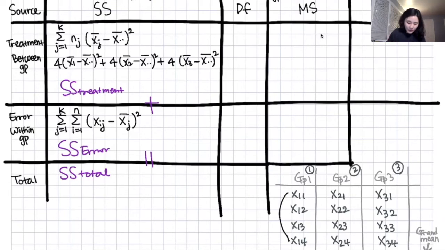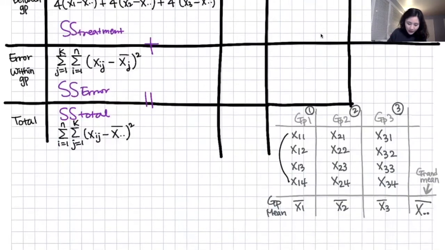So the formula for the sum of squares total is the sum over number of subjects and number of groups of the SAT score for everyone minus x dot dot bar squared.